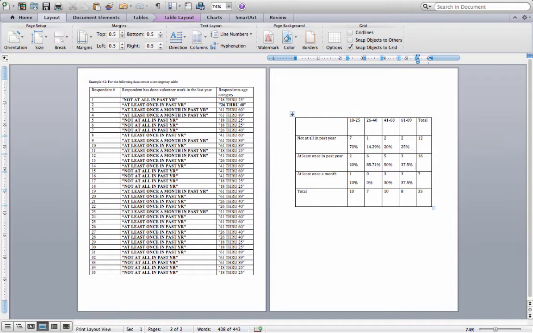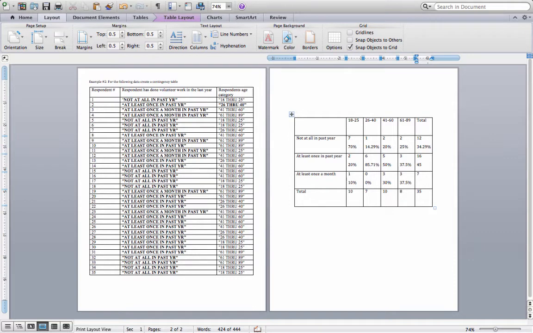which is 34.29. And then we have 16 out of 35, 45.71. And then this should be a nice even 20%, I think. Yes, 20%.